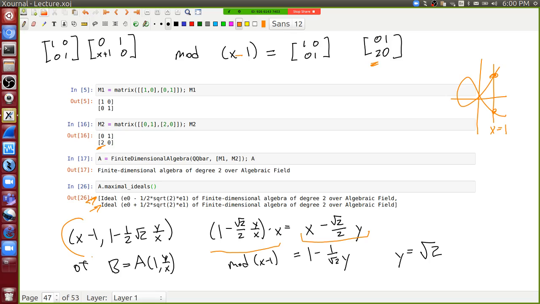I know that x is 1 because of this, so I set x equal to 1, and x just became 1. Obviously, I can just solve for y. y is the square root of 2. That's this one here. The other ideal is this one down here, where y equals negative square root of 2. So I can recover my coordinates this way too, and this really is the preferred way.